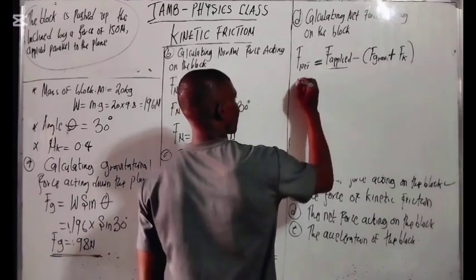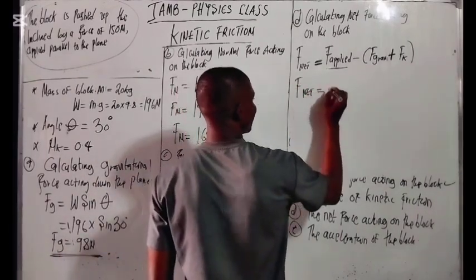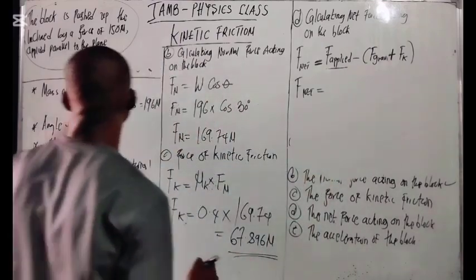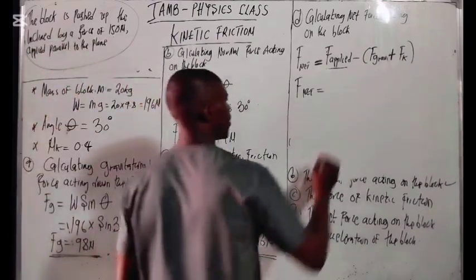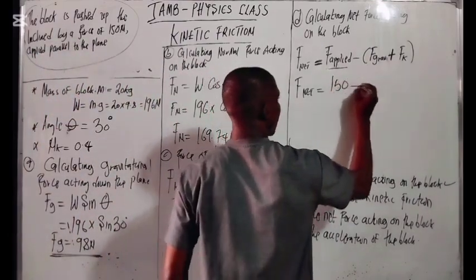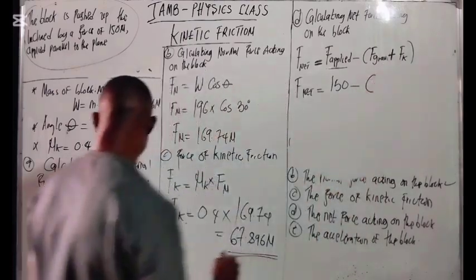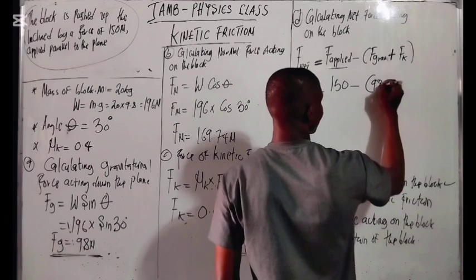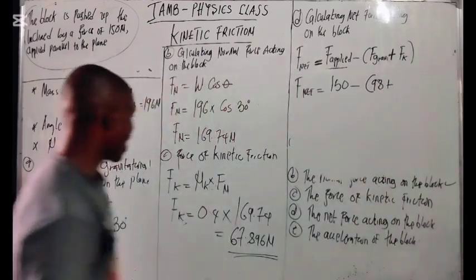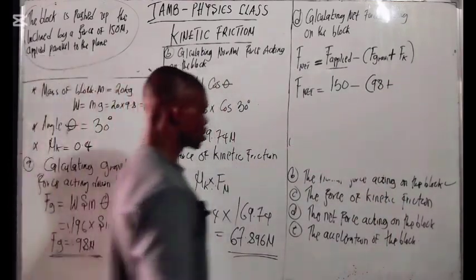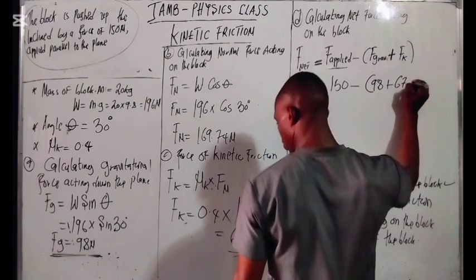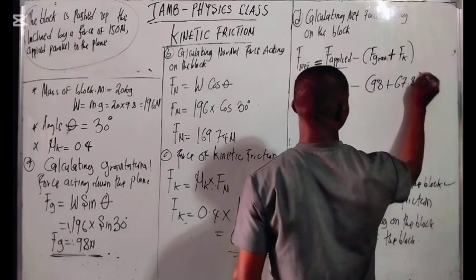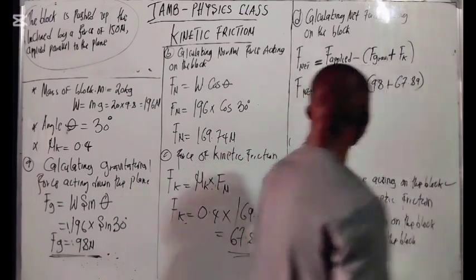So here we can say F net is equals to, my applied force is 150. This is the force we apply. 150 minus my gravitational force of 98 plus my Fk is what? 67.89. Is okay. So let's see.